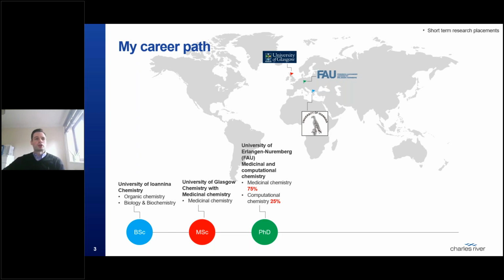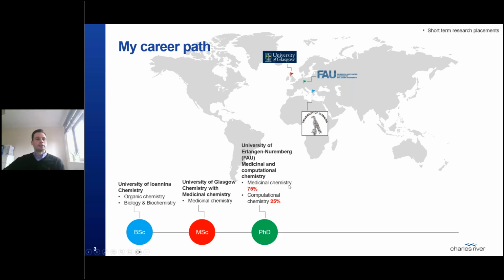The PhD program started with a medicinal chemistry approach. Initially, it was planned to be a medicinal chemistry program, but along the way, there was an opportunity for us to investigate our results in silico. So I moved to a computational group, more specifically Professor Tim Clark's group, and we did some computational work as well in my PhD.